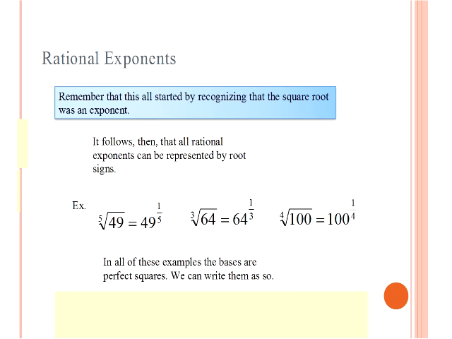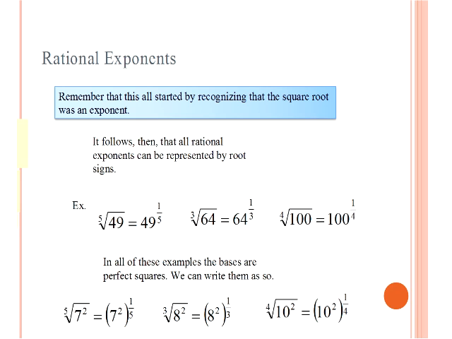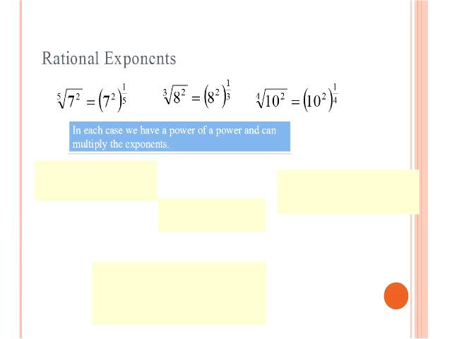And now if you look at these bases, they're all perfect squares, so we can write them as such. And so what happens here is that now we have a power of a power in each case. All of these can be simplified. So I can write 7 squared to the 1/5 as 7 to the 2/5.